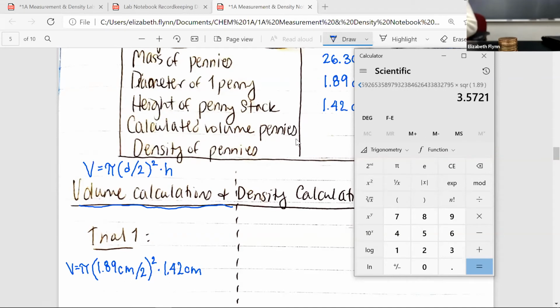Oops, let's not do that. See, it depends on your calculator, right? So I'm going to do it step by step, in fact. I'm going to do 1.89 divided by 2 equals, and I'm going to square that. Okay, and then multiply by pi equals, and then I'm going to multiply by 1.42.